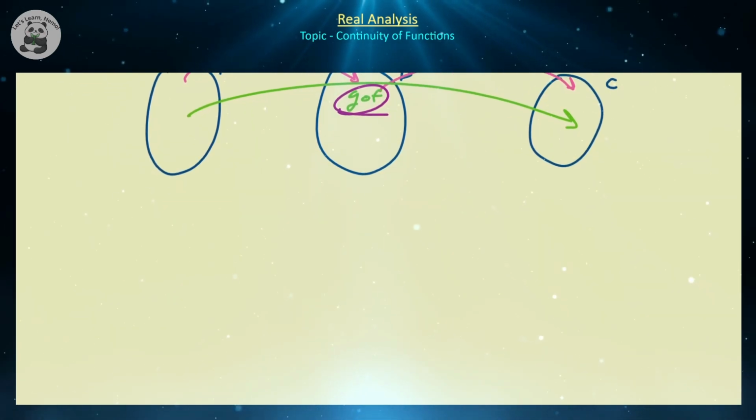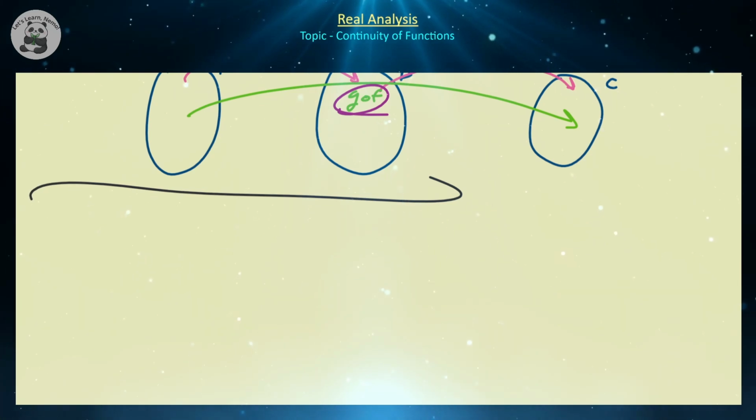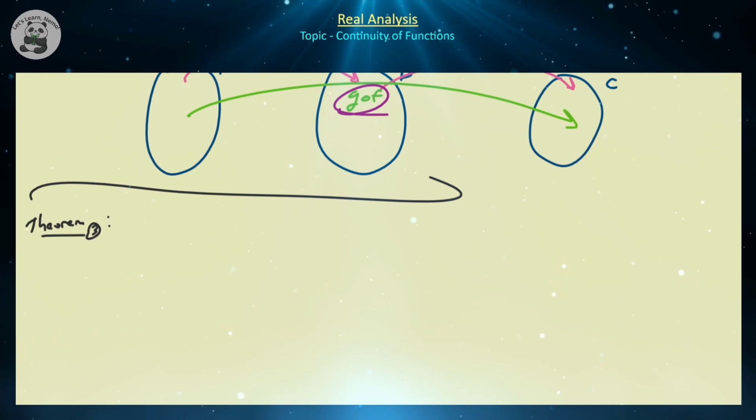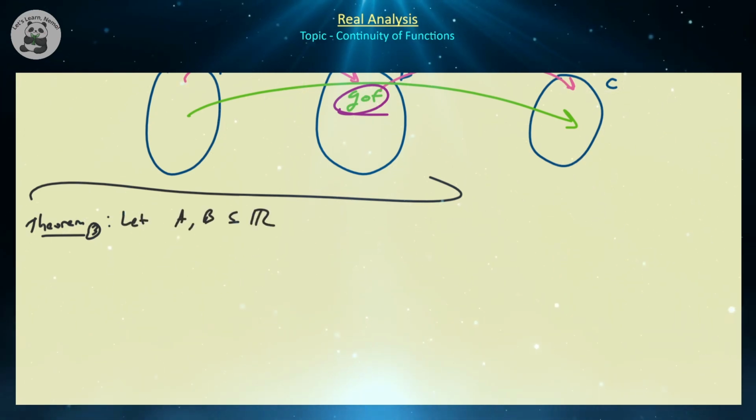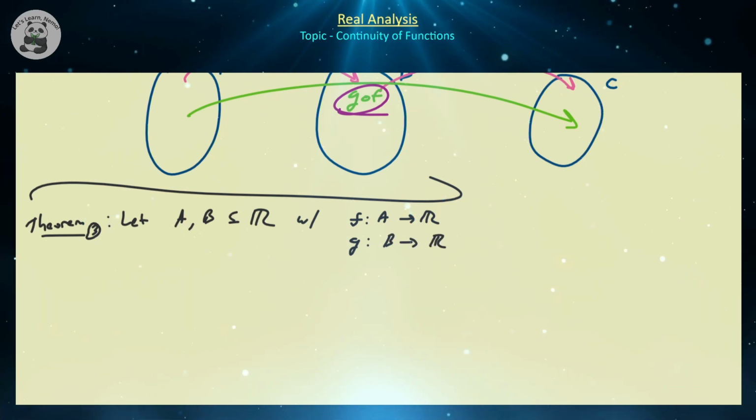So let's state the theorem that talks about the continuity of the composition of functions. Theorem 3 says the following. Let's assume that a and b are both subsets of the real numbers, with f mapping a to the set of real numbers, and g mapping the set b to the set of real numbers. And let's assume that f of a, the image of a under f, is a subset of b.